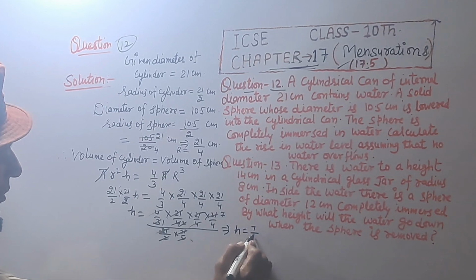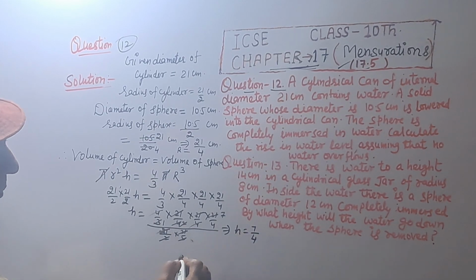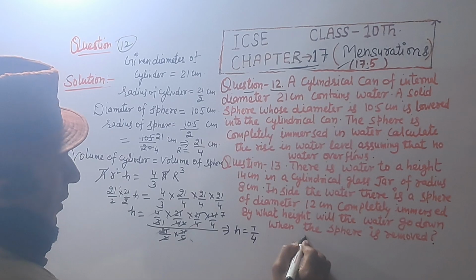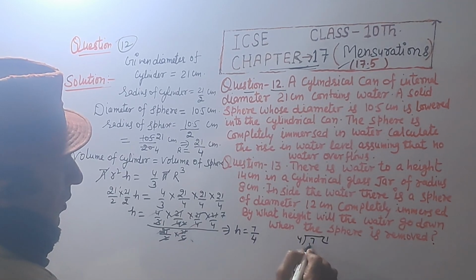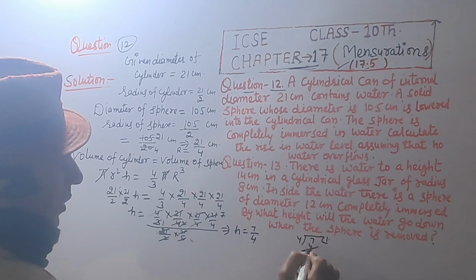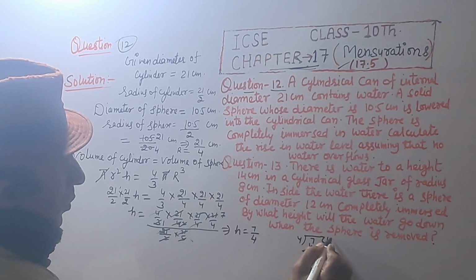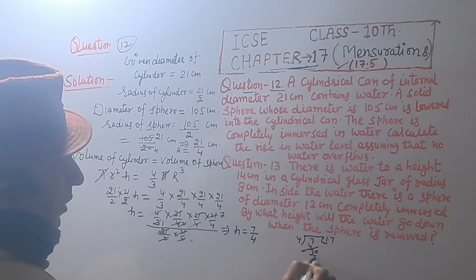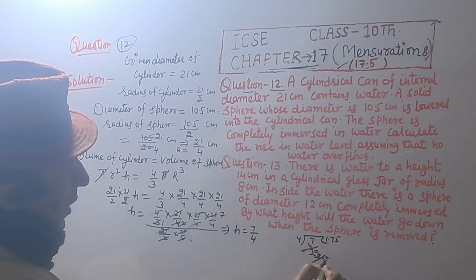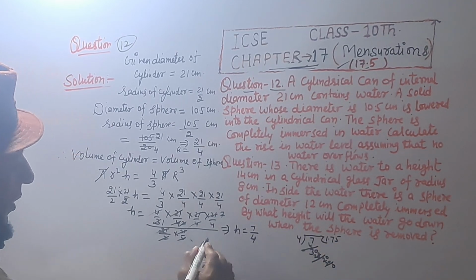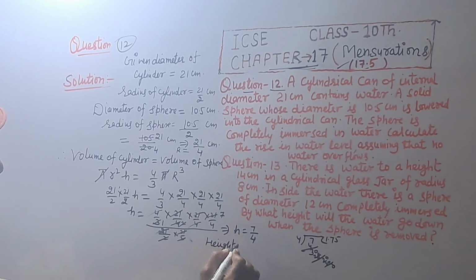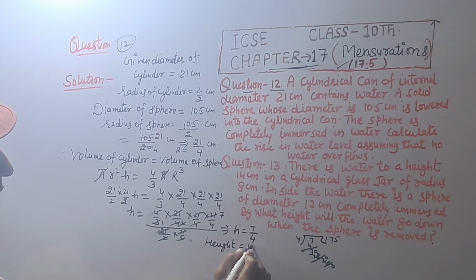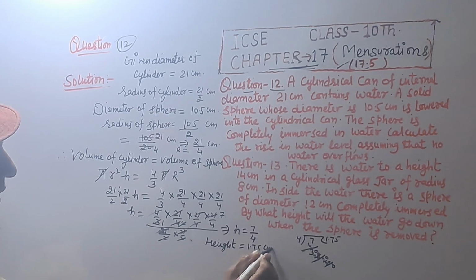Height equal to 7/4. 4 1s are 4, 4 7s are 28, 2 4 5s are 20. Height is equal to 1.75 centimeter.